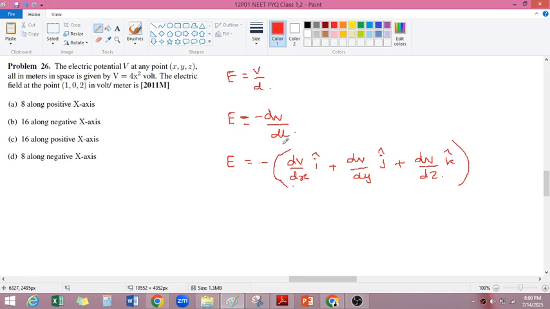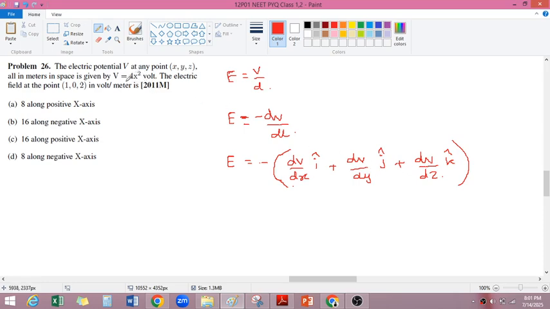So don't worry about it. I think it is given in your textbook also. So basically this is the general formula, but if you want to write it for each direction separately, then you have to write it like this. So if I differentiate with y and z, since I don't have y and z here, these two terms will become 0.